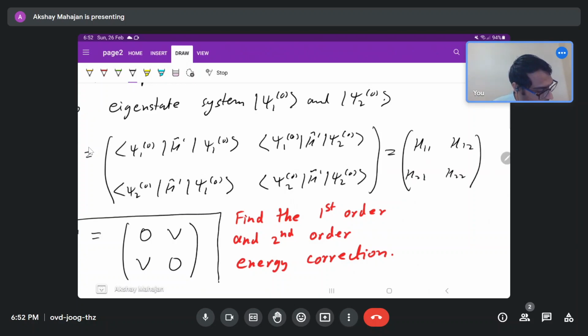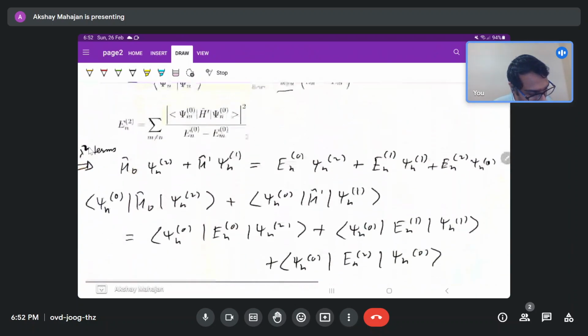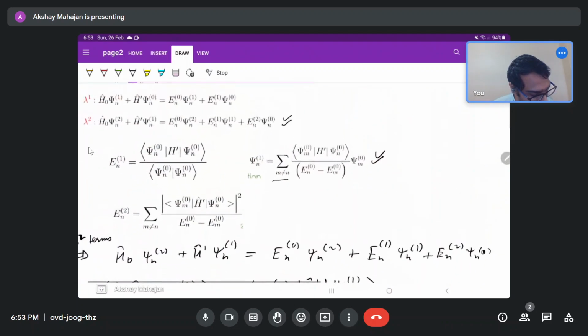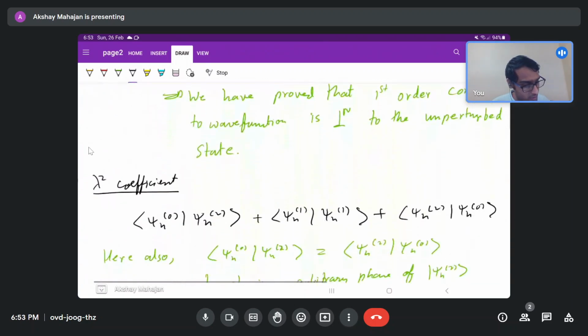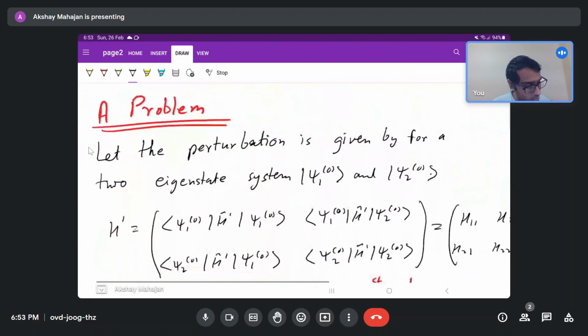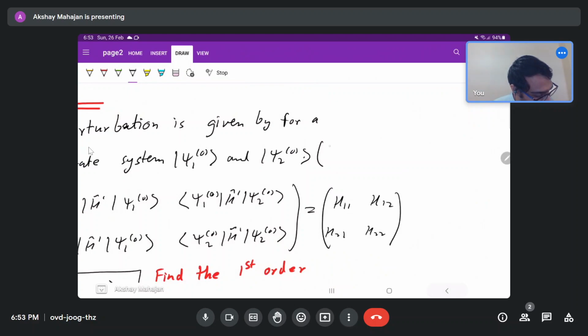Now, the first order energy correction: we know the formula, En of the first order correction. Let us consider that psi 1 and psi 2 are orthonormal, normalized wave functions.